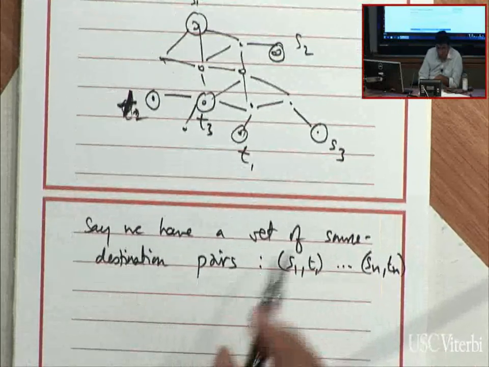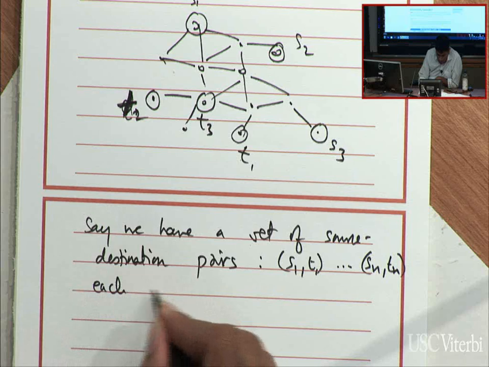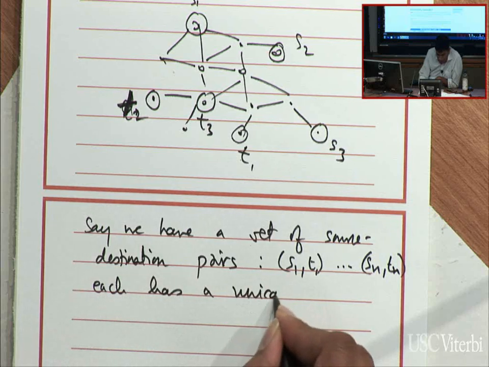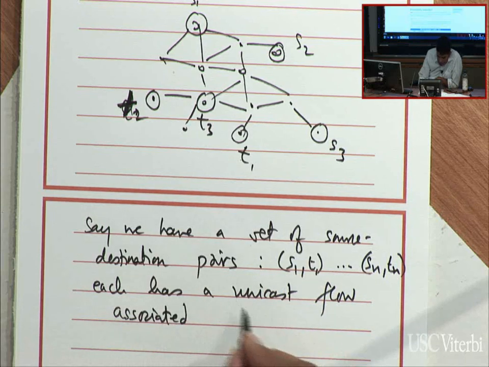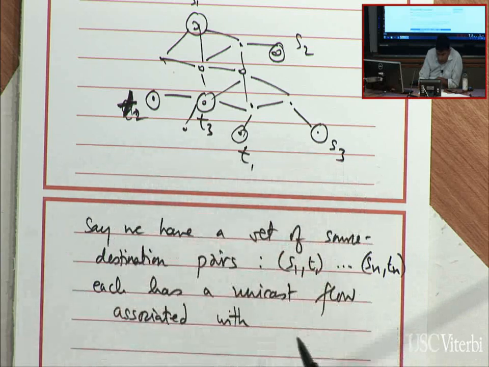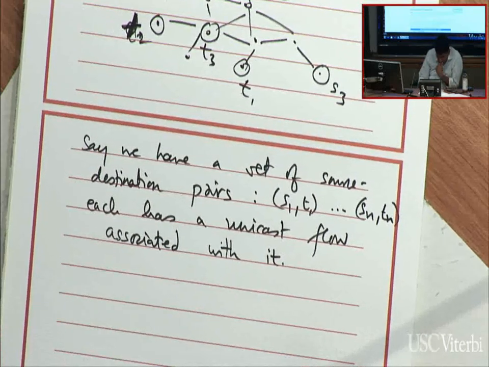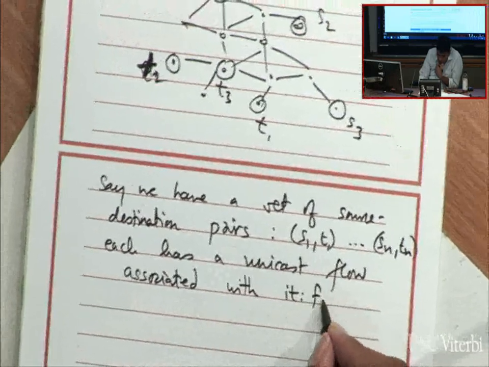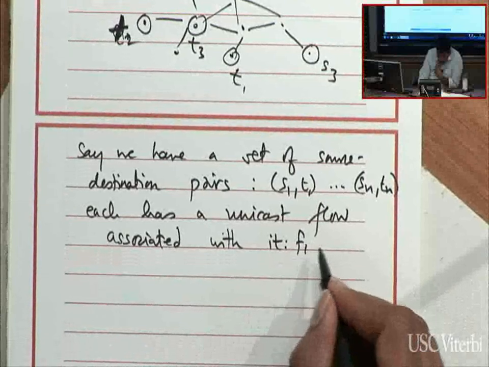For now, we can imagine these are all just unicast flows, right? In fact, the result generalizes even to multicast flows. You could have had multiple flows associated with each, or it could be many nodes trying to talk to the same destination and so on. But for now, let's just take this simple example. So the unicast flows, let's label them, just F1 through Fn.